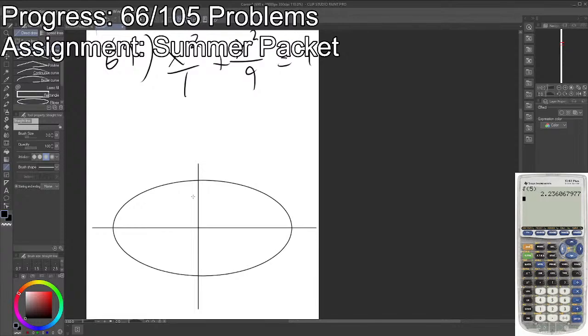Okay, so A is the distance from the center to the ellipse along the x-axis, and B is the distance from the center to the ellipse along the y-axis.